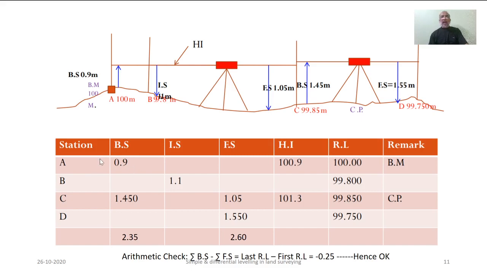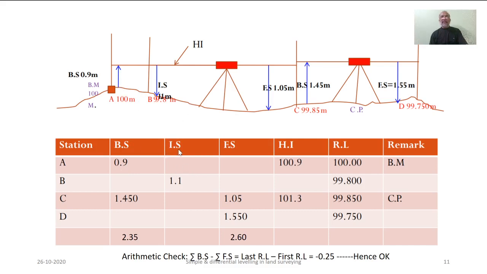So, having the first reading taken as 0.9 meter with the first setup of the equipment, 0.9 meter is entered as backsight reading. After taking this backsight reading, on station B we have taken the reading of 1.1 meter.